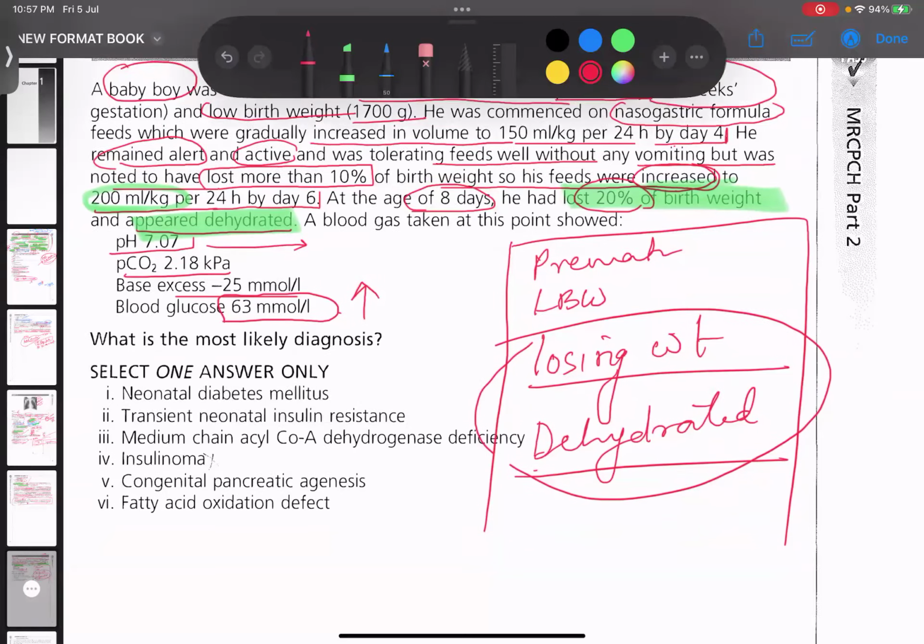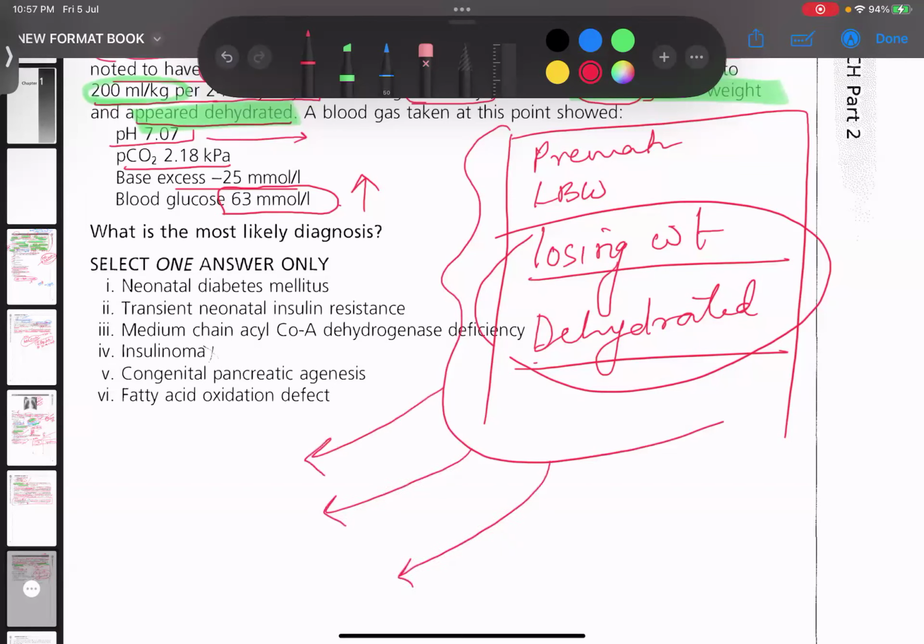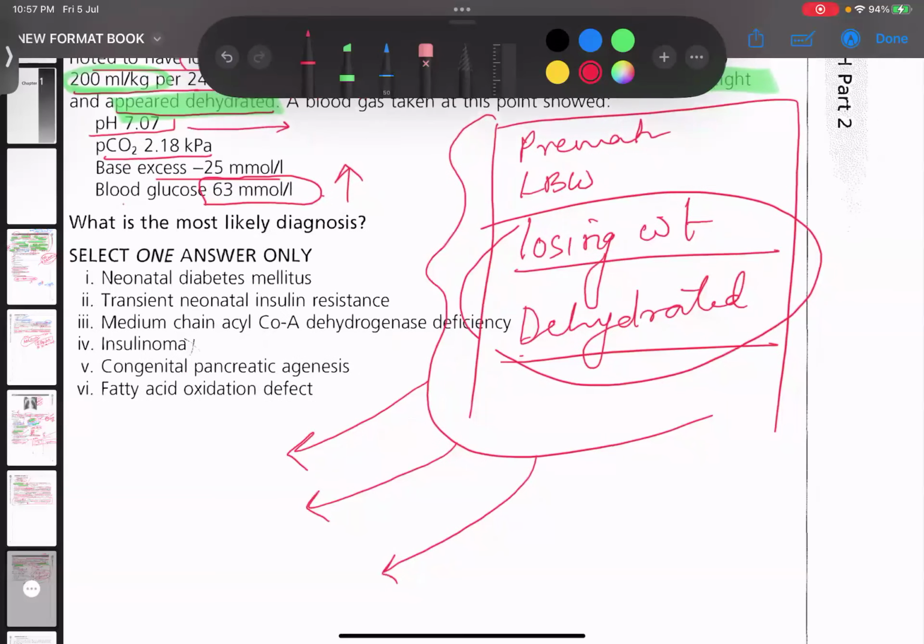What are our differentials? If we didn't consider the blood glucose, then what would be our differential? Neonatal diabetes. That is when we are seeing the blood glucose, that is when we are considering more of neonatal diabetes, right? First, I'll say it will be sepsis.